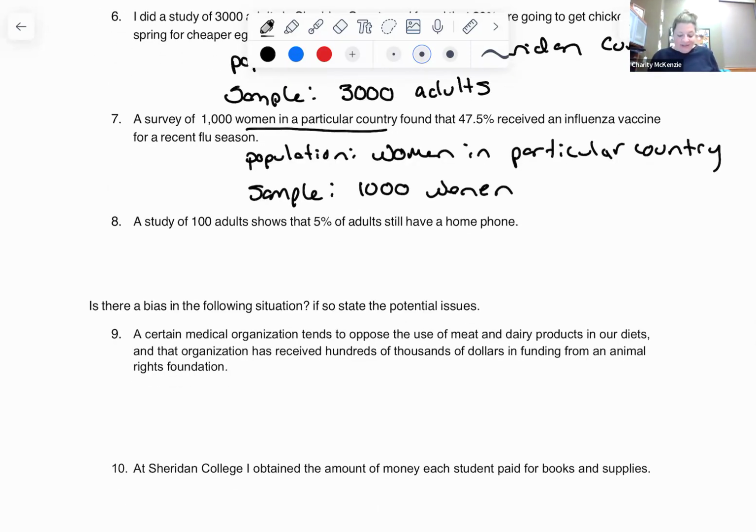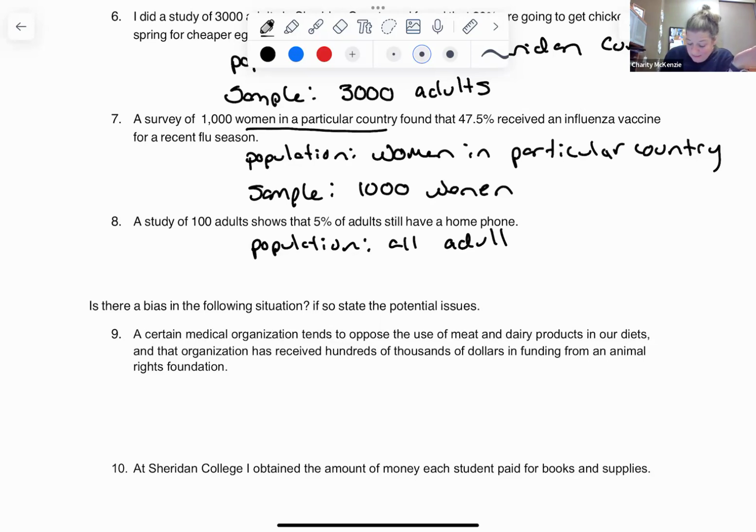Question 8. A study of 1,000 adults shows that 5% of the adults still have a home phone. That's probably in Wyoming, from all the rural areas where they can't get cell service. So, a study of 1,000 adults. What's my population? My population would be all adults. Here's one that's very vague.